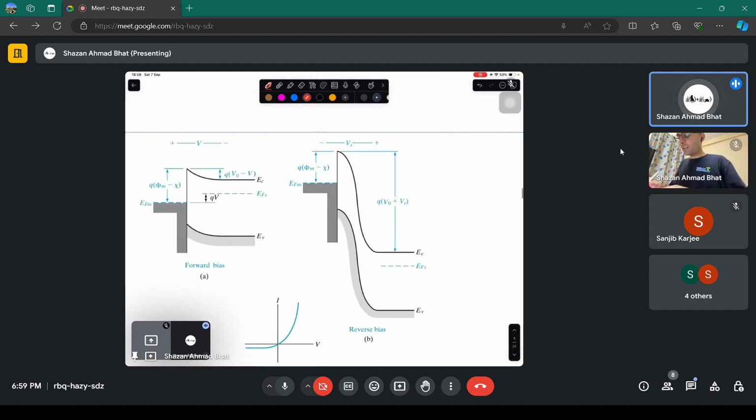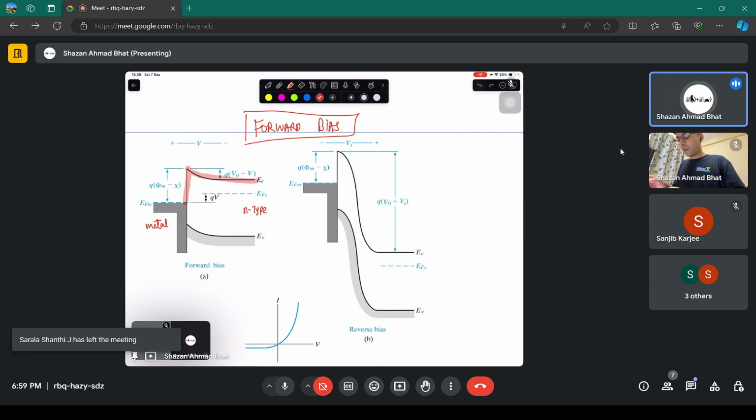Now this is the forward bias case. You are applying the forward bias. Remember, this is N type right here, and this is metal. You apply the forward bias, you reduce this barrier. Now those electrons here, the distribution of electrons that was here, they can go here.